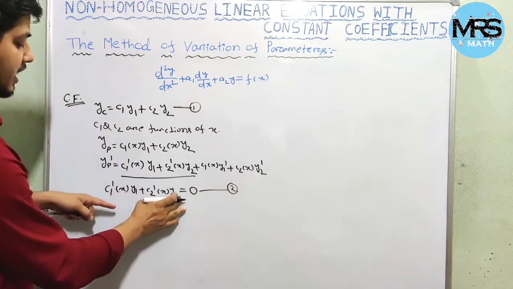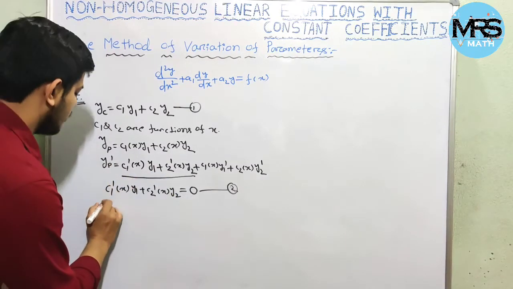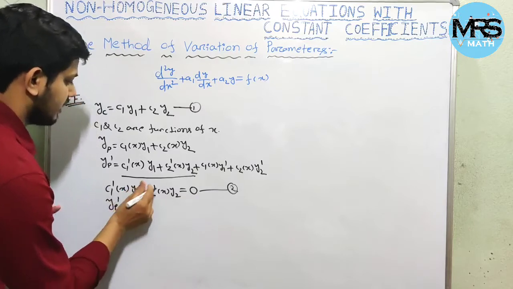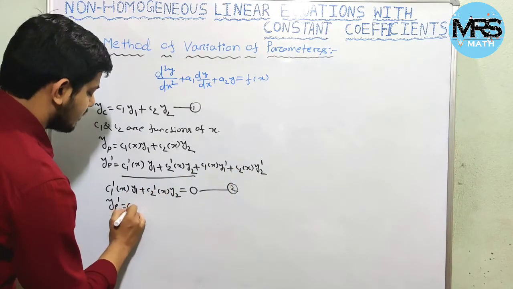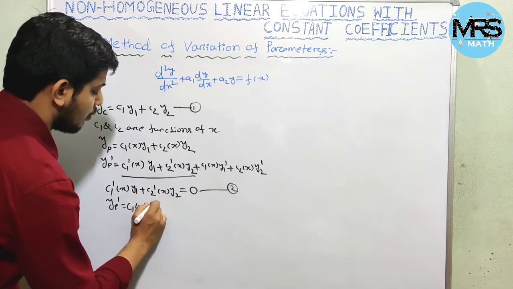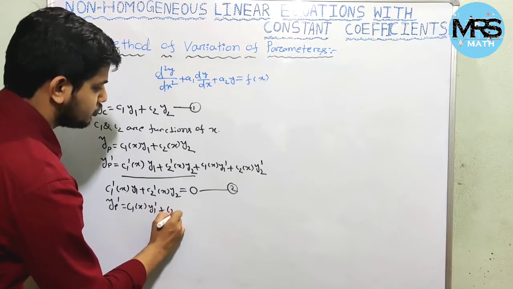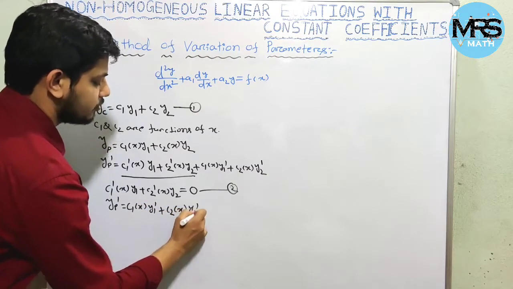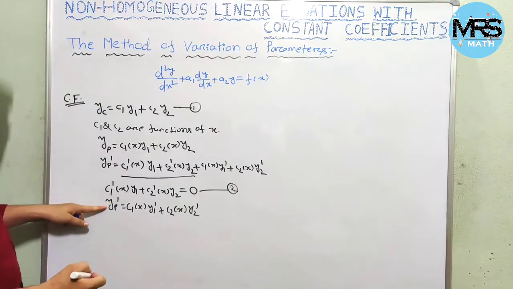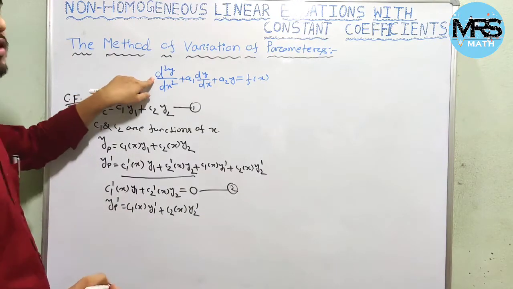Then if we apply this as 0, our yp dash will be only c1 of x y1 dash plus c2 of x y2 dash. Now from here we have to calculate our y double dash.